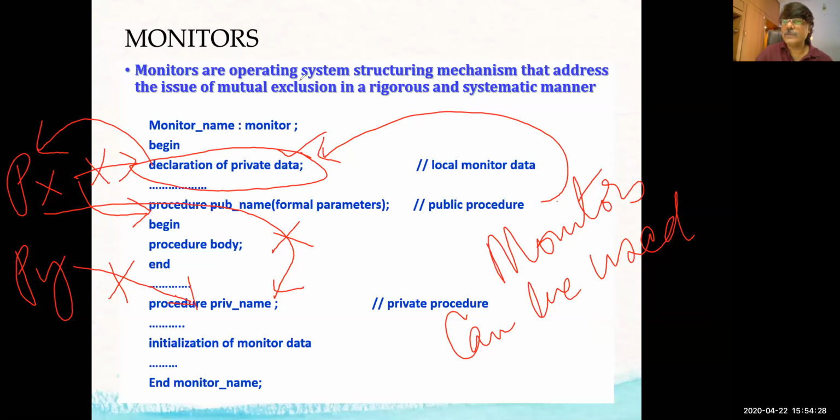So what operation is done by semaphore, the same can be performed by the monitor. That is the meaning of it. So let us take an example where by using the concept of monitors, we'll implement a semaphore. So I'm very clear. Monitors can be used to implement semaphores.